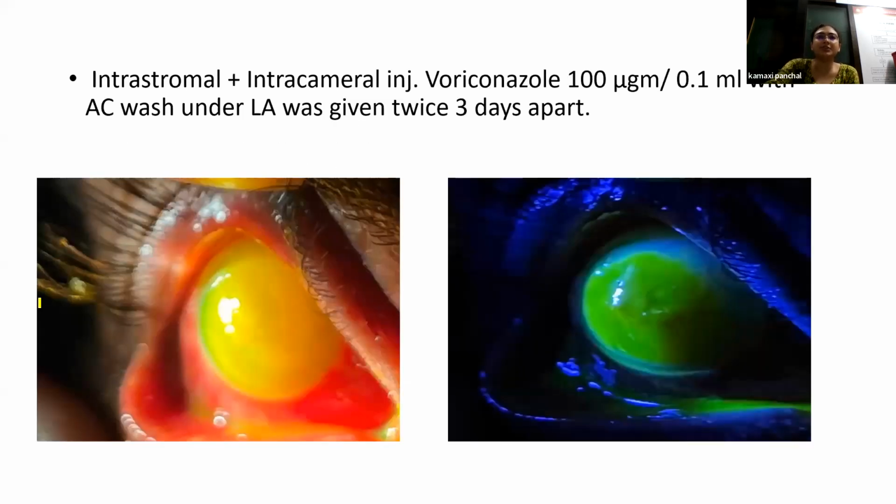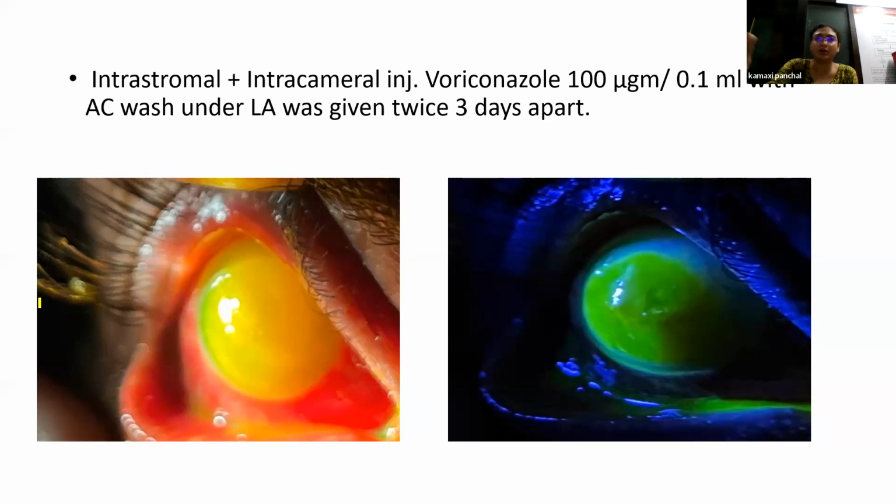Even after this treatment, the patient was not improving, and the stromal infiltrate size kept on increasing and going deeper into the corneal layer. So we posted this patient for intrastromal and intracameral injection of voriconazole 100 microgram per 0.1 ml under LA, given 2 times 3 days apart.